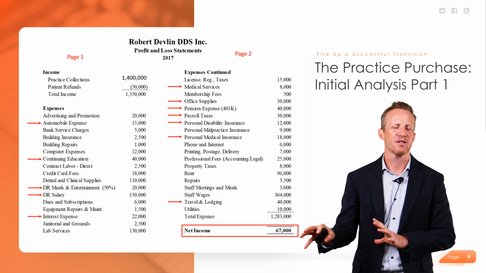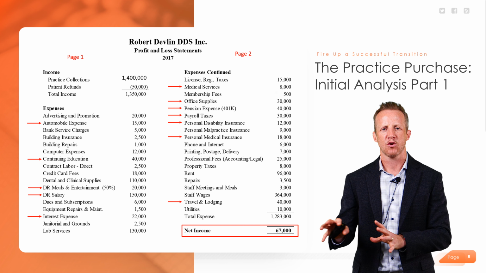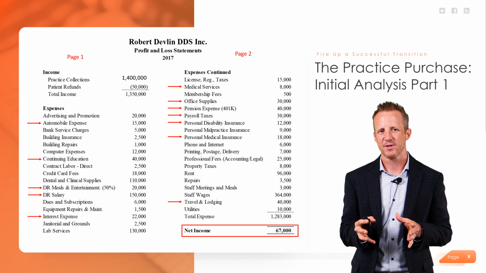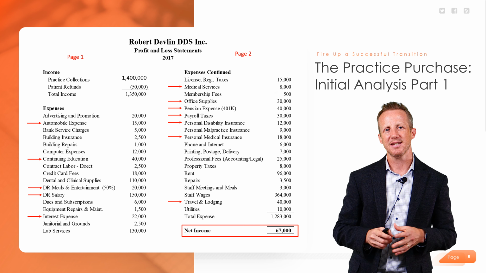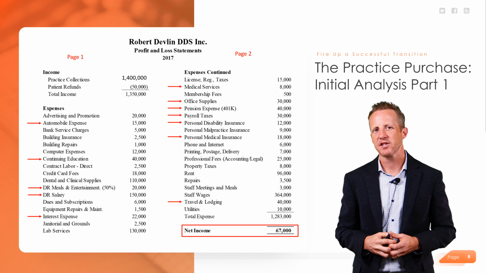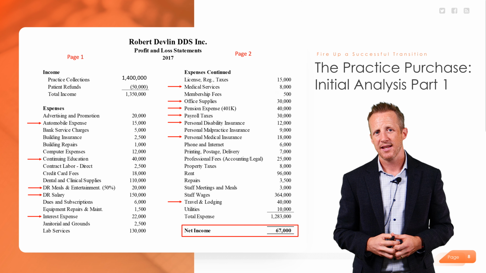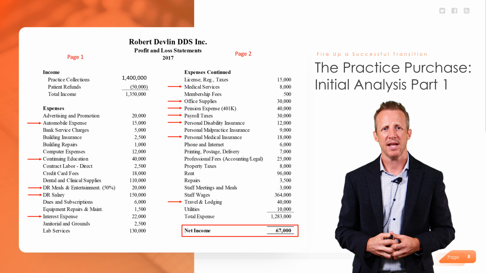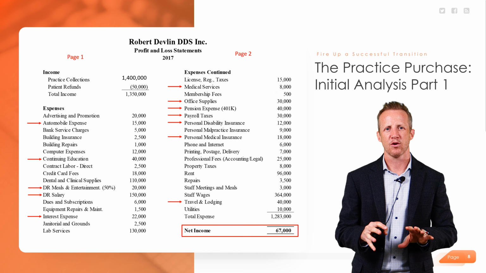Now we talk in our tax modules about where the line is and crossing that line. I'm not going to get into that here, but just know when you're getting numbers from sellers, you're going to commonly see that. And notice continuing education costs there are $40,000. It's probably quite excessive unless he's doing some big implant training and paying a lot of money for it. So you've got to take that with a grain of salt.